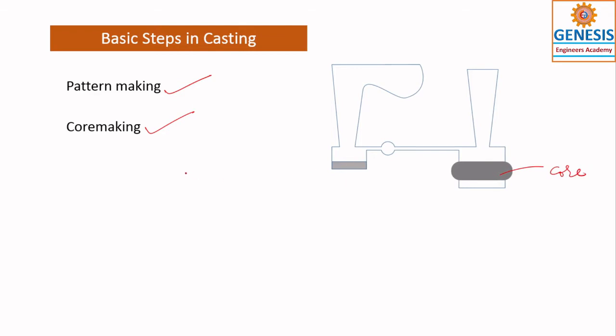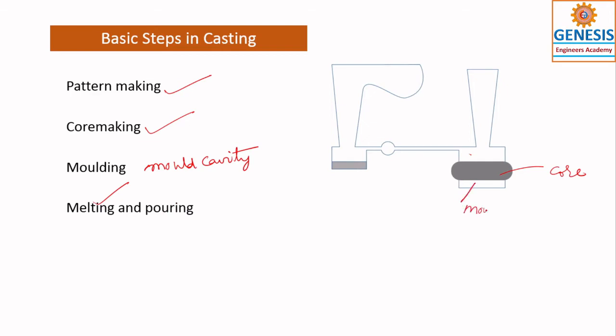Next one is molding, that is, making of the mold cavity. This is the mold cavity. Next, melting in a cupola furnace, pouring into the basin, and then pouring into the mold cavity.